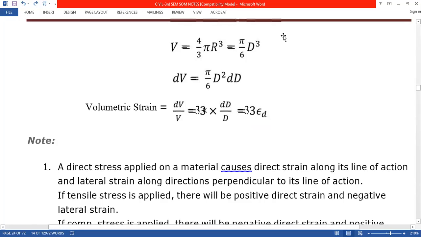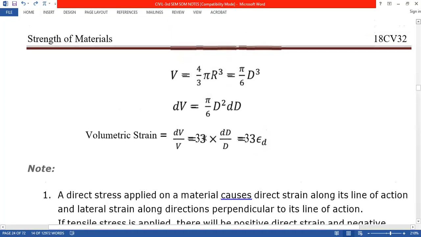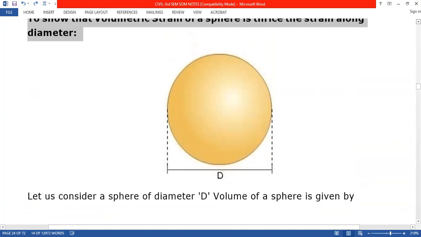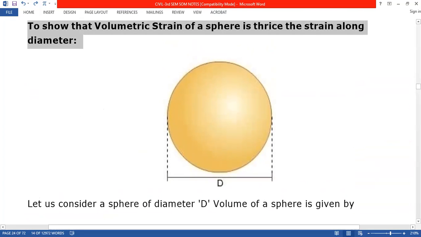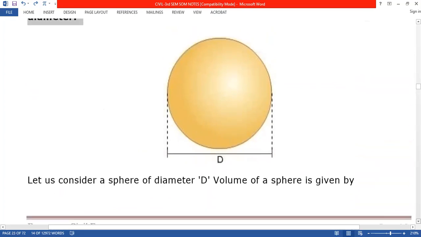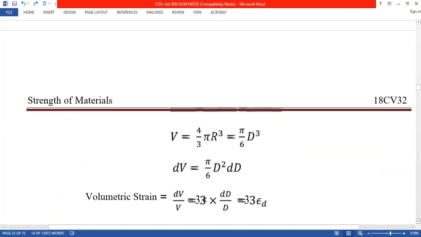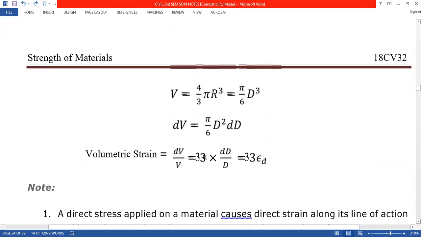If you have any doubts, please ask me, or I will complete this. It's just simple. D is the diameter of the sphere. Strain along all three directions. Here the volume is pi r cube divided by 4 by 3, nothing but pi by 6 into d cube.